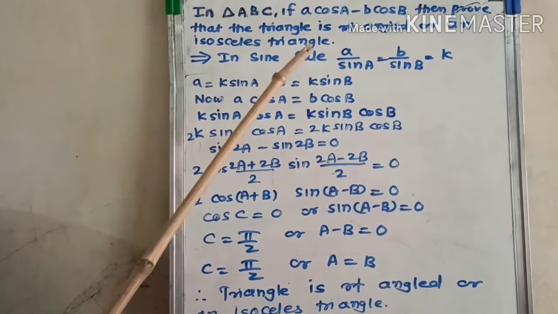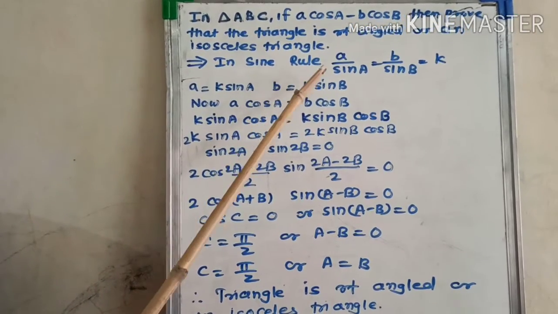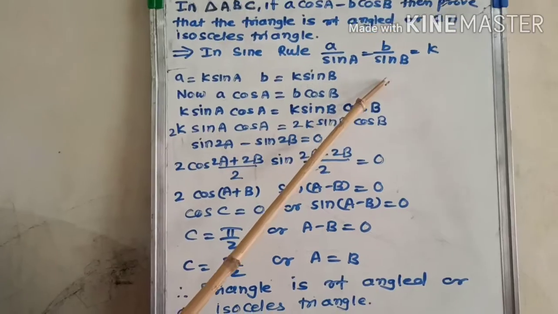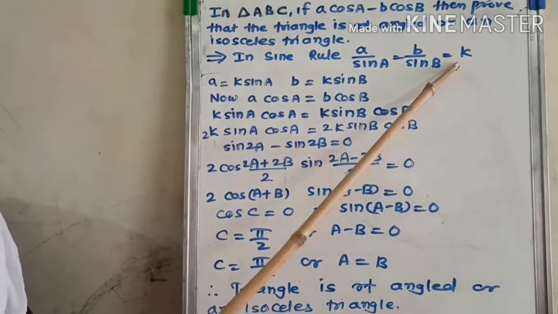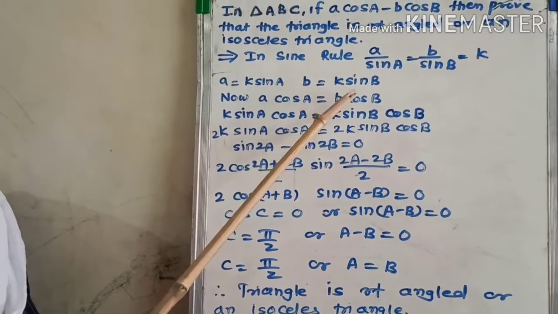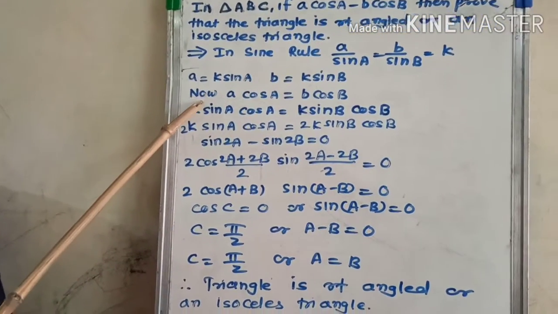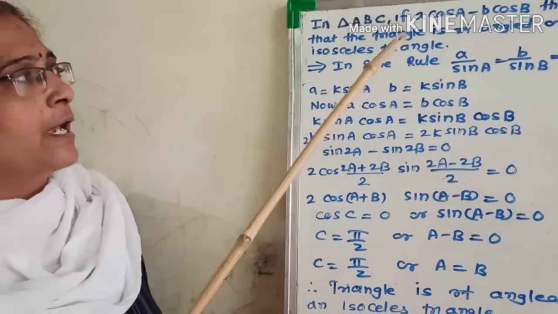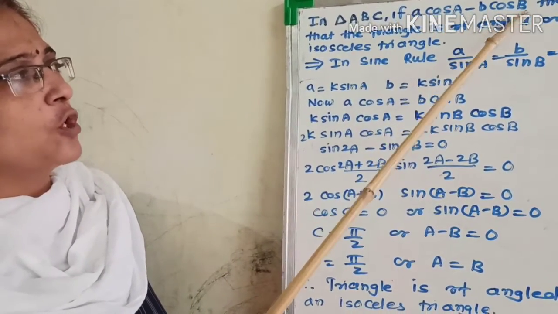So we know, using the sine rule, a upon sin A equal to b upon sin B, which is equal to k. So a is equal to k sin A, b is equal to k sin B. Now what we are given is a cos A minus b cos B equal to 0.